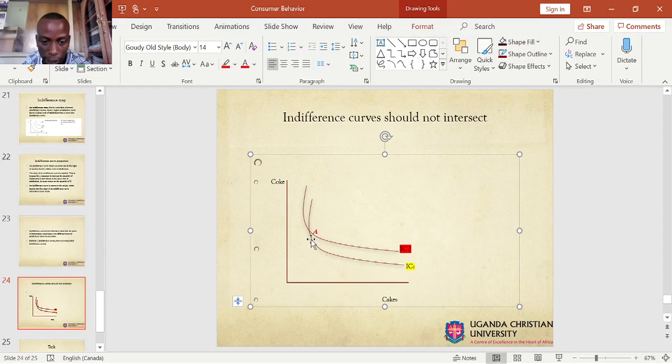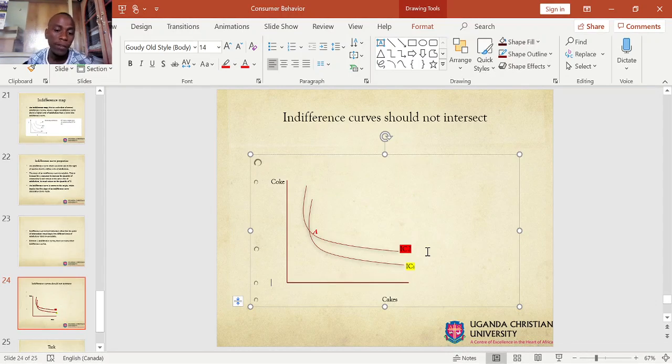Point A is a point on both curves, and given that it's on both curves, it would make us think that curve 1 and curve 2 offer the same level of satisfaction, because that point lies on both curves. But one indifference curve seems to be higher than the other, which would make it more satisfying. Yet they have a point in common, which means point A lies on indifference curve 1 and indifference curve 2, meaning the same level of satisfaction.